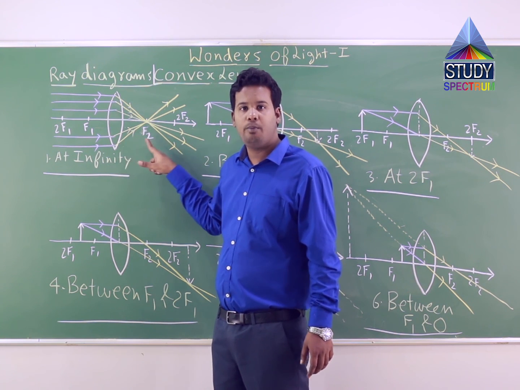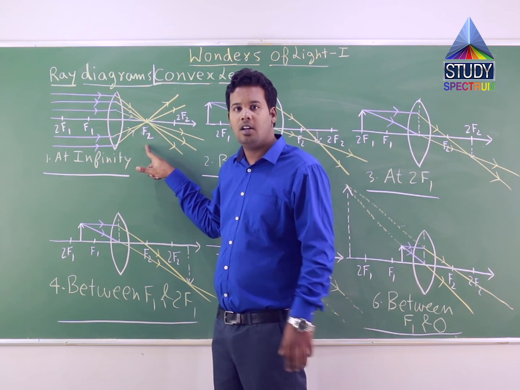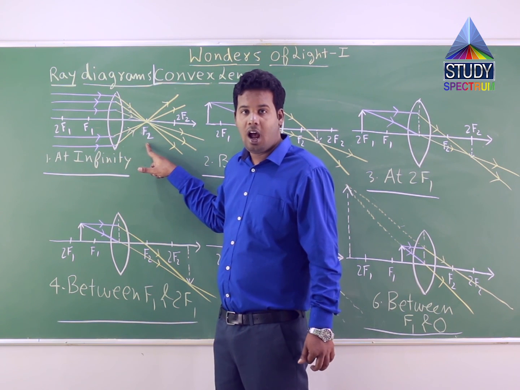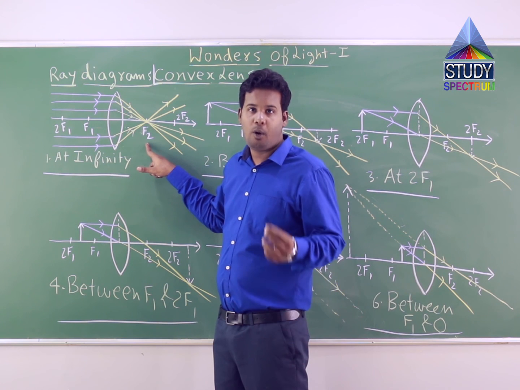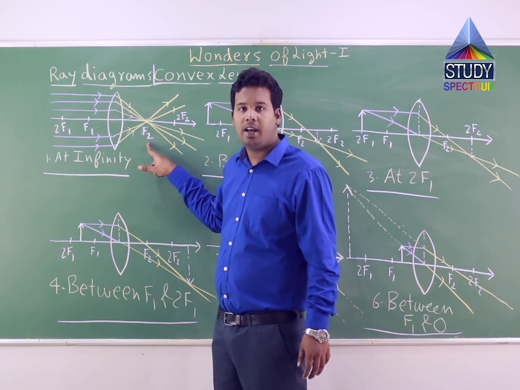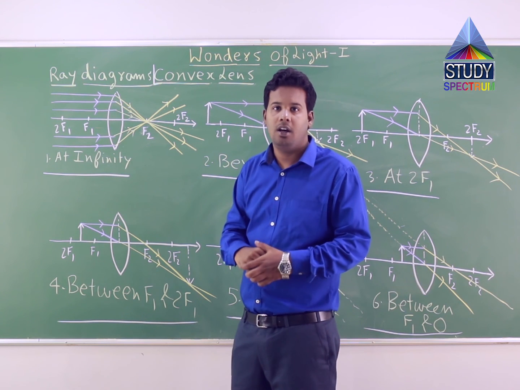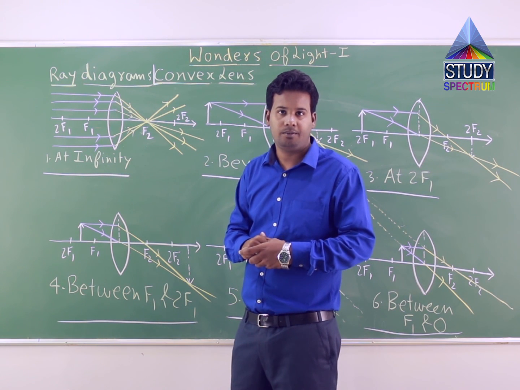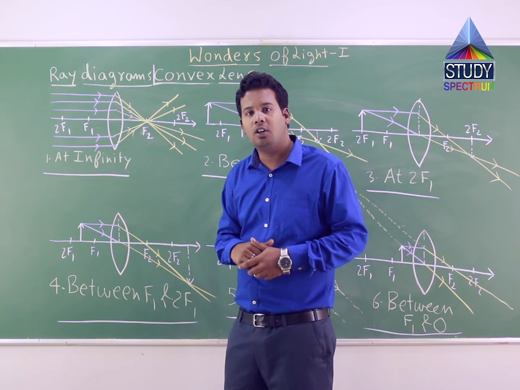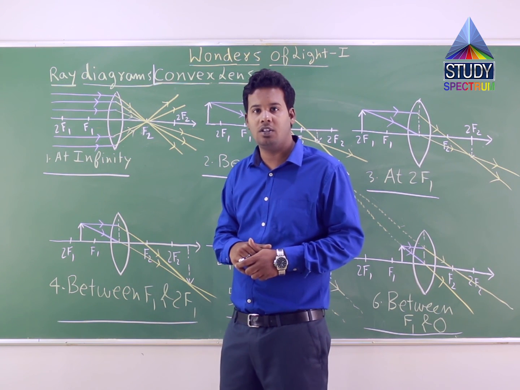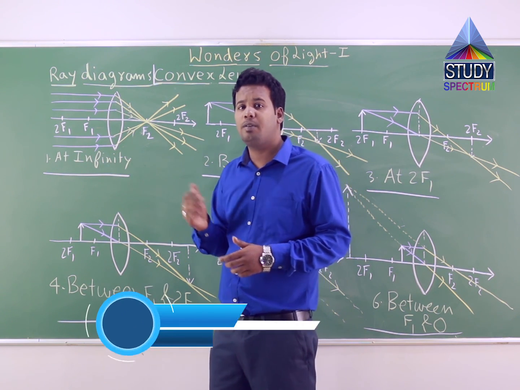Since the image is formed behind the convex lens, the image is real, and also it is a highly diminished point size image, and at the same time, since in the magnification formula a minus sign was involved, this image can be written as an inverted image.